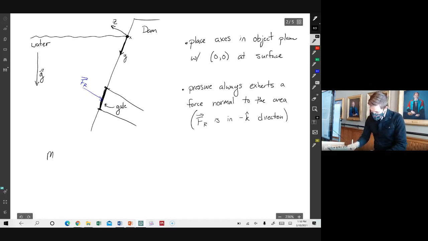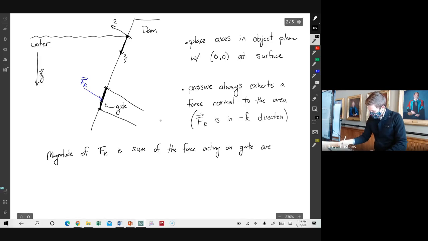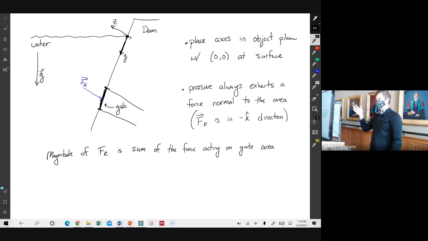So the magnitude of FR is the sum of the force acting over the entire area of the gate. So the force at any one point, it's not quite this easy, but force is pressure times area.